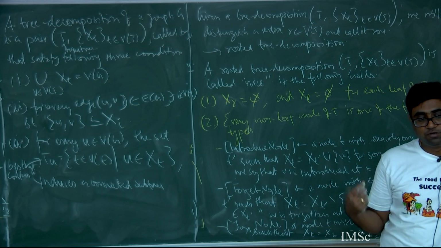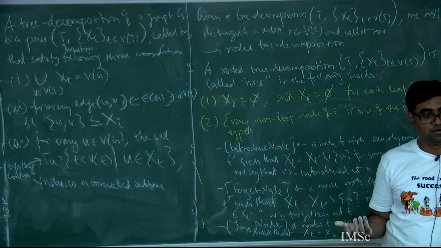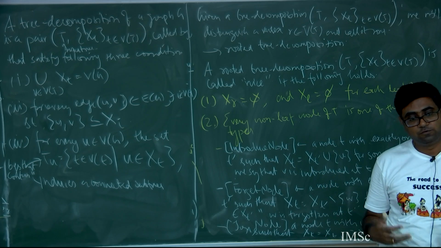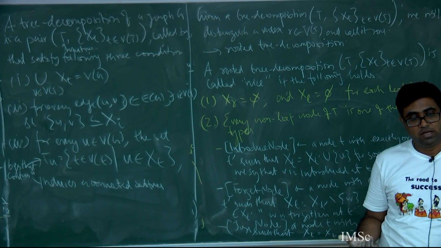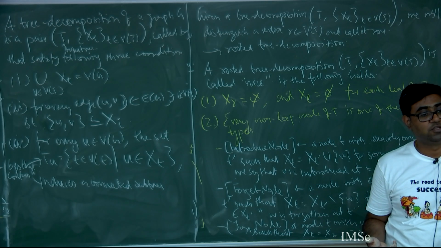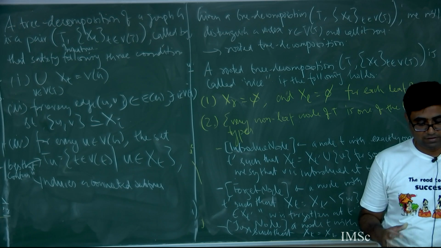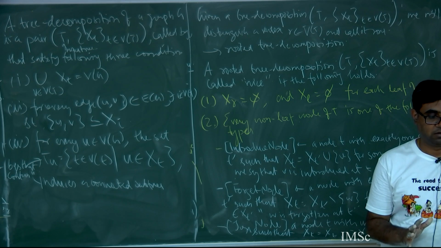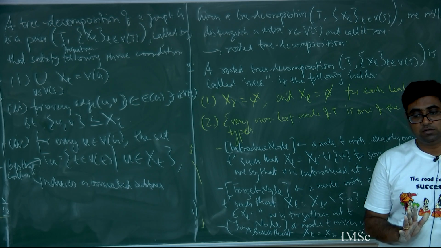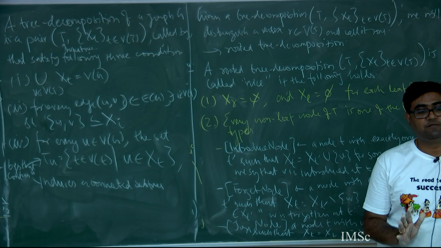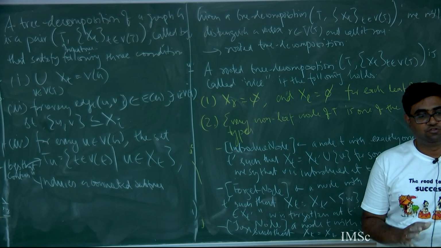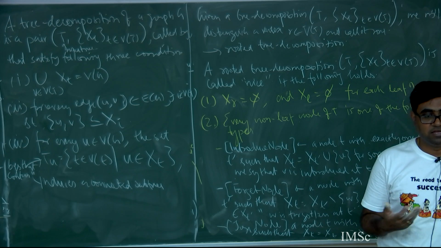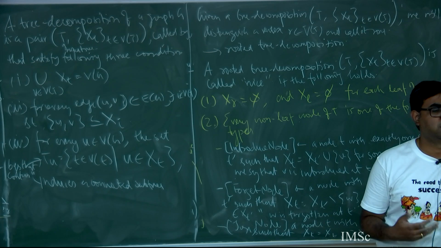Now if you had a very good algorithm over graphs of bounded tree width, some c to the power tree width kind of algorithm, then this will also give a c to the power k algorithm to find a feedback vertex set. This is how people in parameterized complexity use tree width. If the problem has a solution, then the tree width of the given graph shouldn't be too large, because if it is too large, then I can answer yes or no in polynomial time or in c to the power k time.